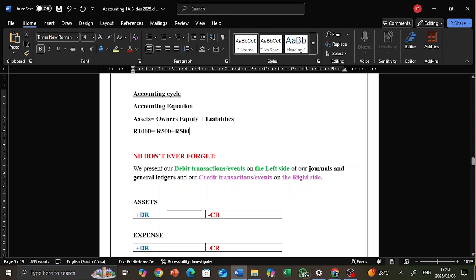And one thing, guys, please, please, please, you need to understand your individual asset items, individual liability items, individual equity items, because there is a high probability that you will have to apply the accounting equation when they give you separate scenarios.